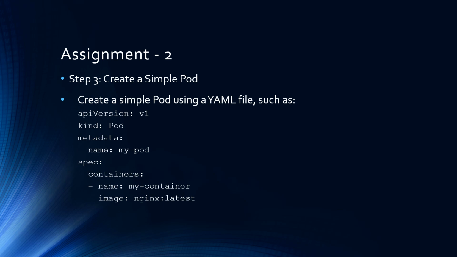Here are some important considerations when creating pods. 1. Always consider using deployments instead of bare pods in production. 2. Be thoughtful about your container naming. 3. Consider adding labels for better organization. 4. Think about resource requests and limits.